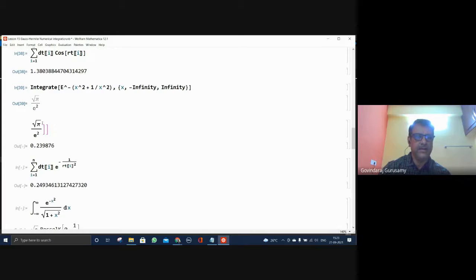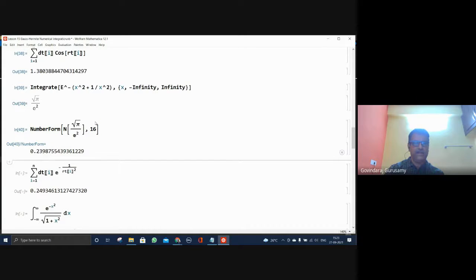We can add, close the bracket, put it in the number form, and add the number form here. Just cross check how accurately one can do this computation, and have a 16 digits accuracy. I have 16 digits here.